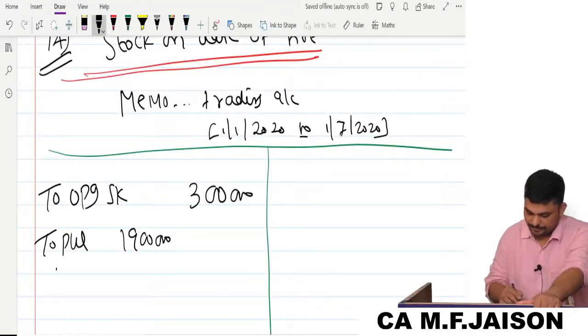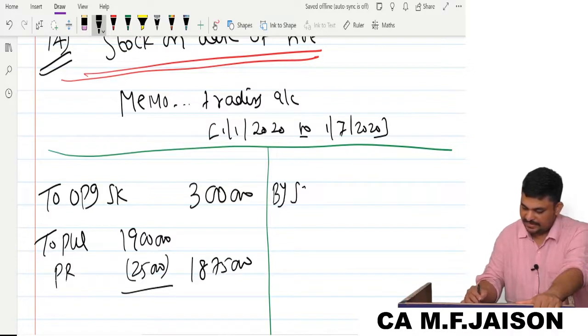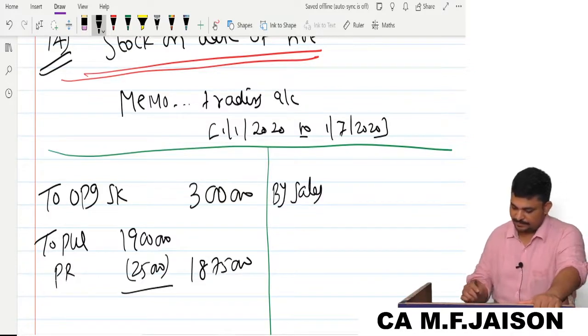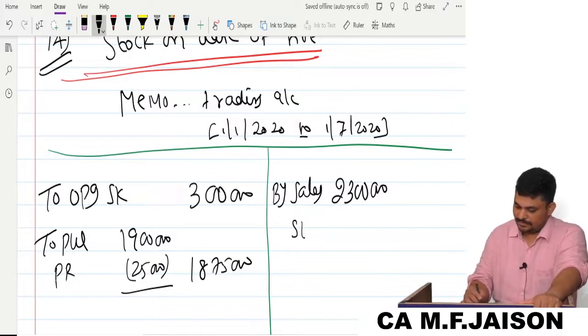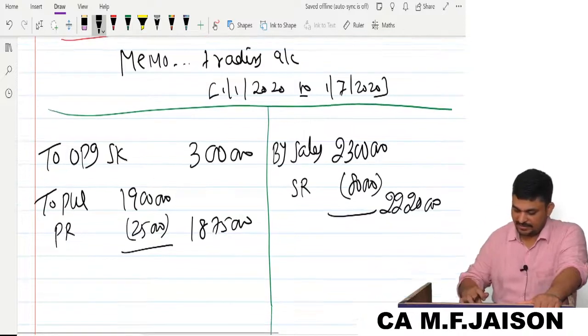Purchase return 25,000. So 18 lakhs 75,000. Sales 23 lakhs, minus returns 80,000, so 22 lakhs 20,000.